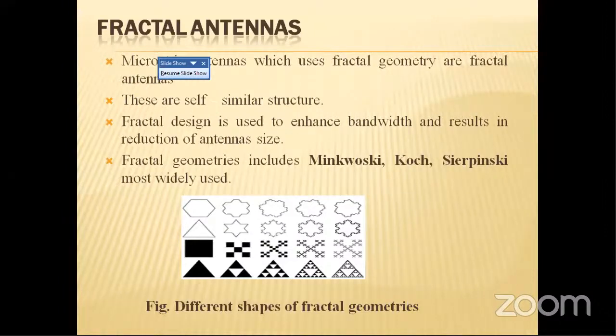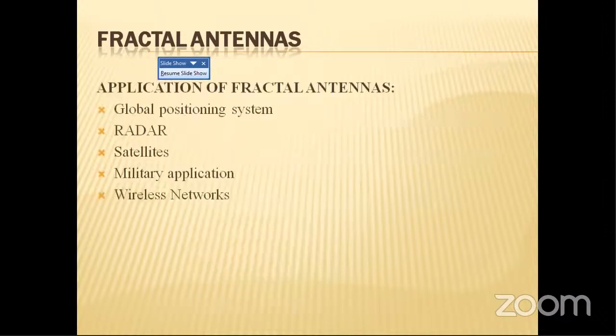In this figure, we have certain shapes of fractal geometries. The most commonly used geometries are Minkowski, Koch, Sierpinski. Applications of fractal antennas include global positioning system, radar, satellites, military applications, and wireless networks.